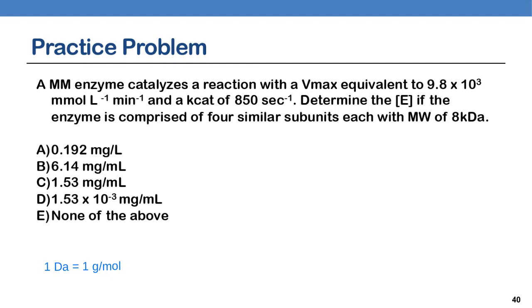So Gibbs free energy is going to be delta G naught, your standard free energy, plus, yes, your RT ln of the concentration of product over substrate at cellular conditions.